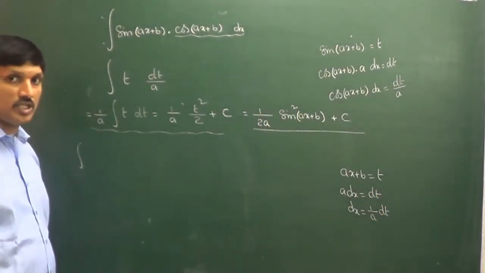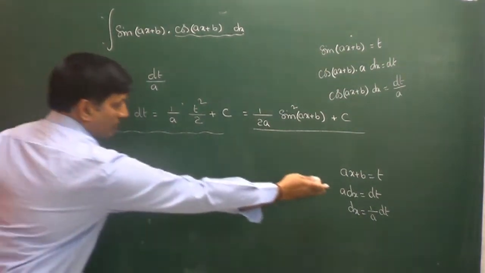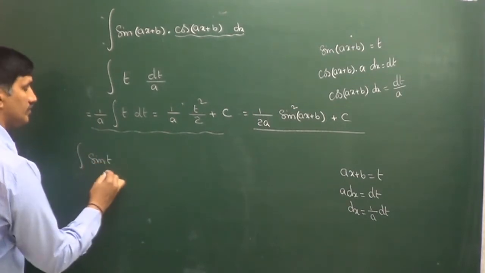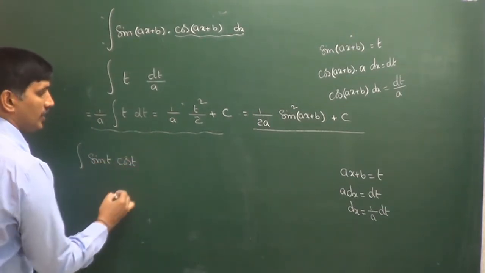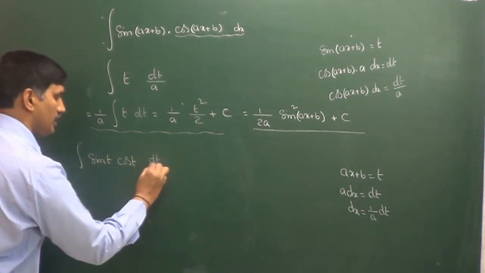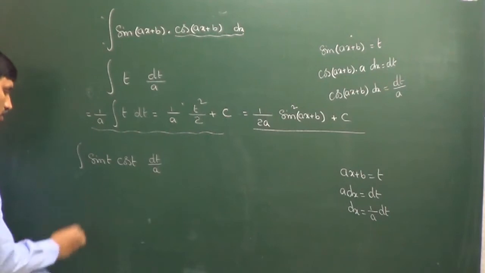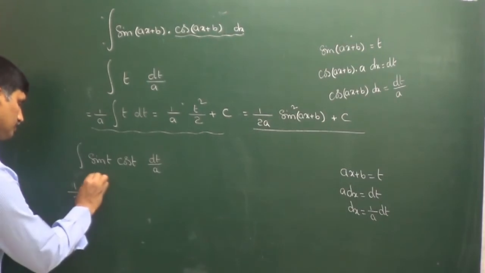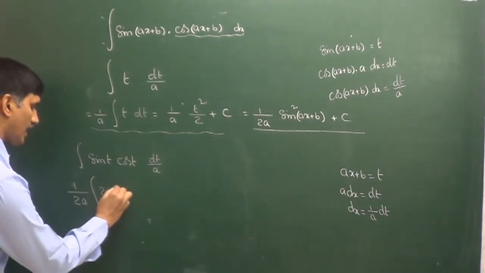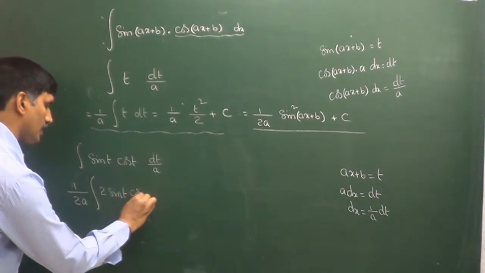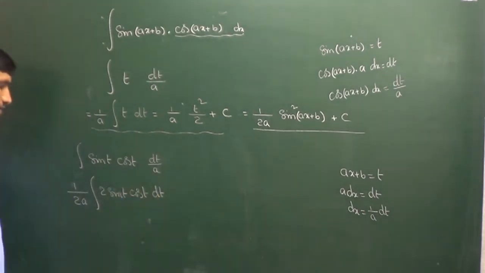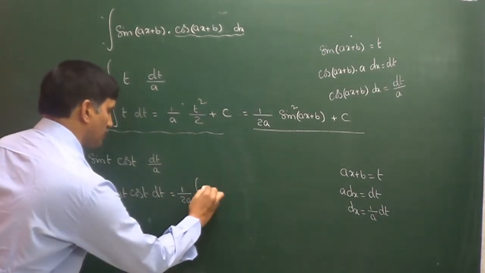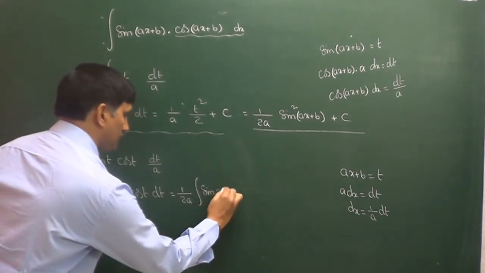The second method, I am discussing the same question. Now, because of this substitution, how does this question change? That is sin t into cos t, and in place of dx, we have to write dt by a. Now, multiply with 2 and divide with 2, then we will get 2 times sin t into cos t dt. That is equal to 1 by 2a into the integration of sin 2t.